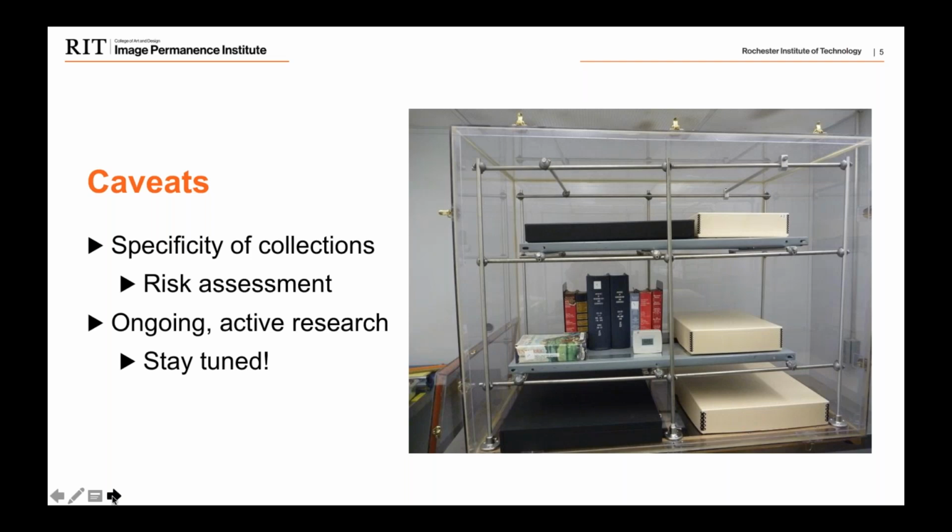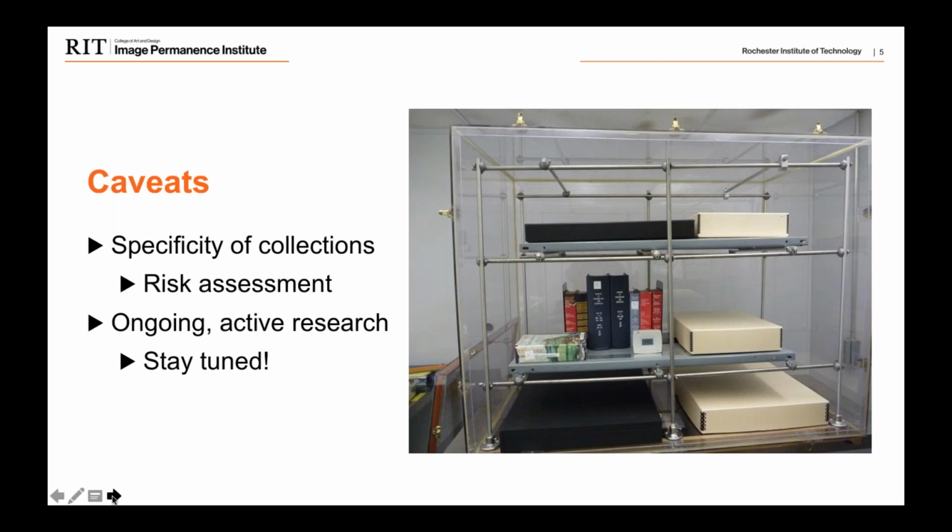We wanted to empower you: this is the information that we have available, and we're happy to answer any questions, but it comes down to the collections professionals to take that information and apply it in the most meaningful way for their specific context.